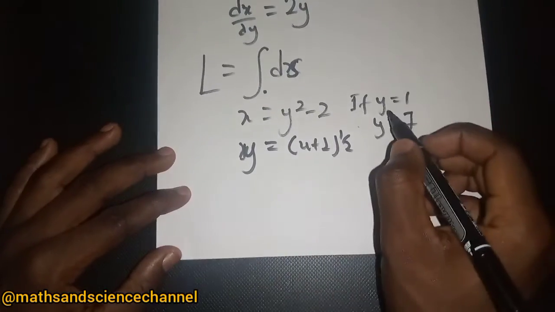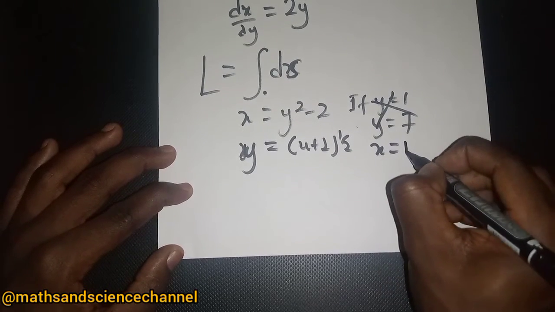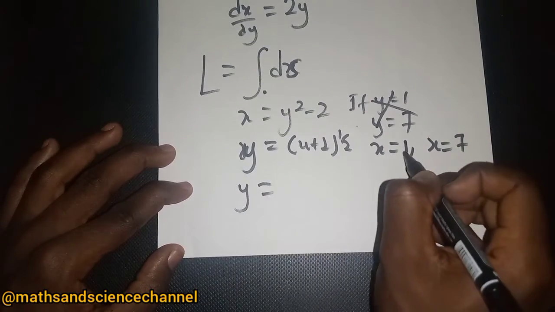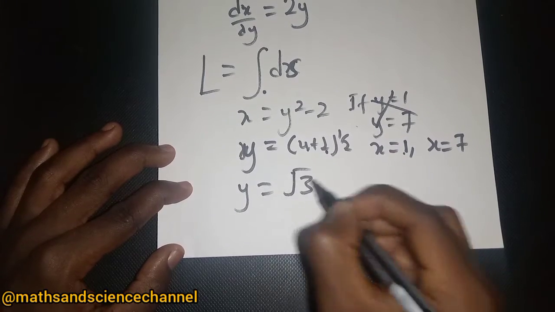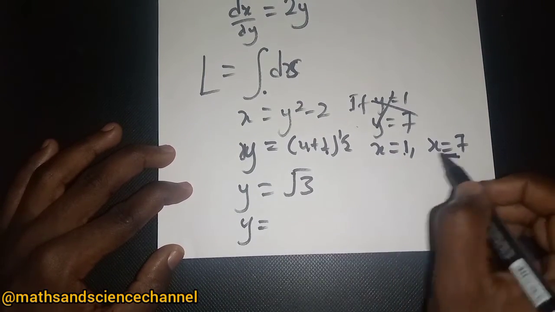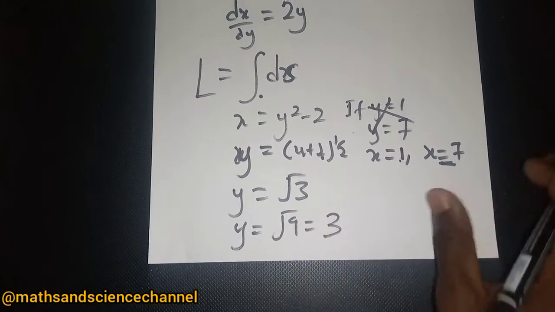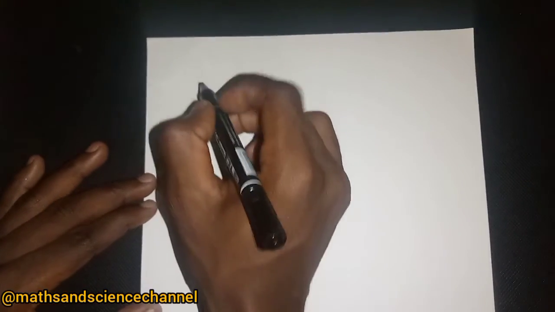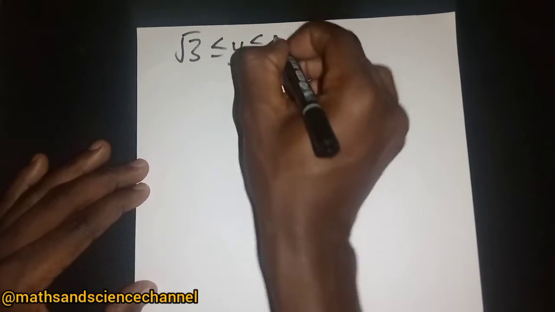So in the range of values that we're given, if x is equal to 1, then we have just 1 plus 2, which is the square root of 3. And if x is equal to 7, then we have the square root of 9, which is just 3. So from here we can write the range of values of y, which is the square root of 3 less than or equal to y, then less than or equal to 3.